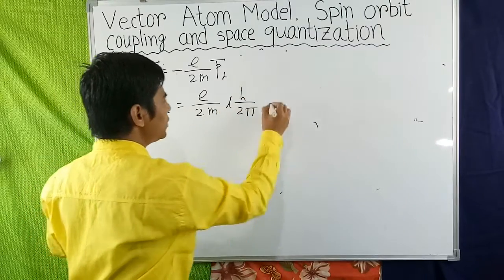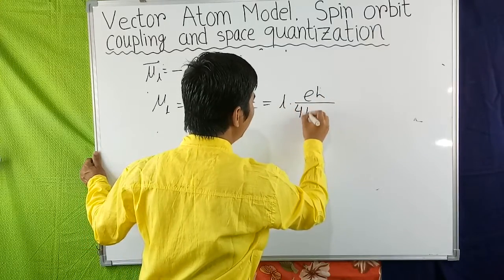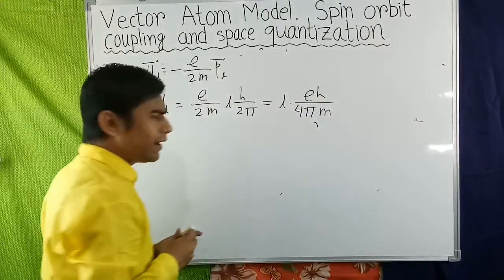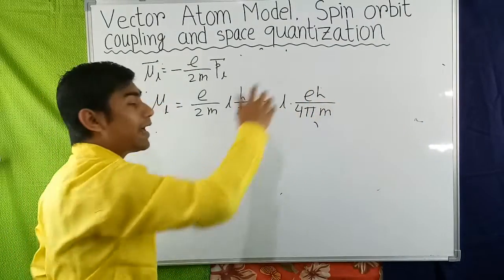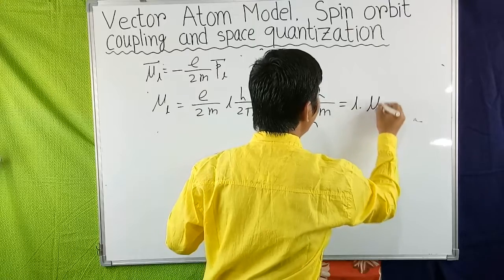So this equals L into eh by 4 pi m. Now this is denoted as mu b, so this equals L into mu b.